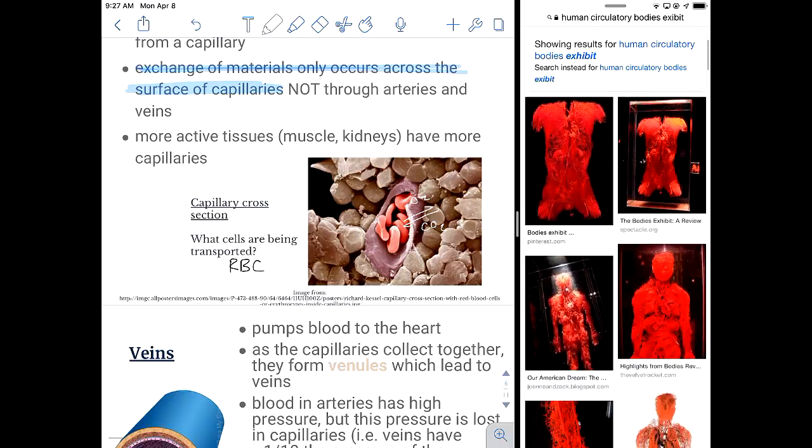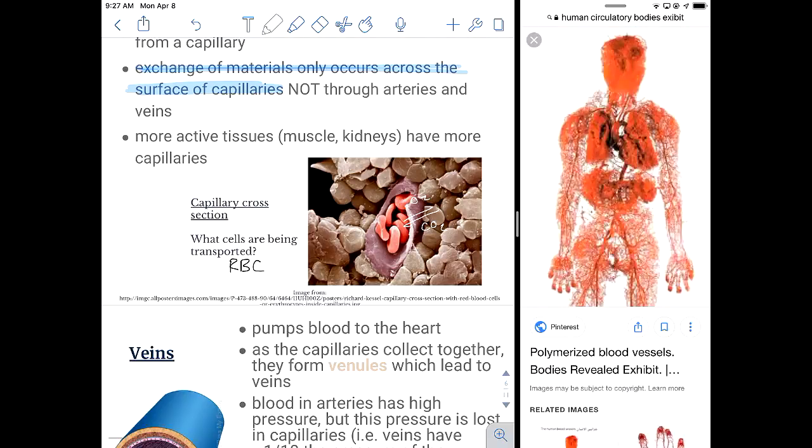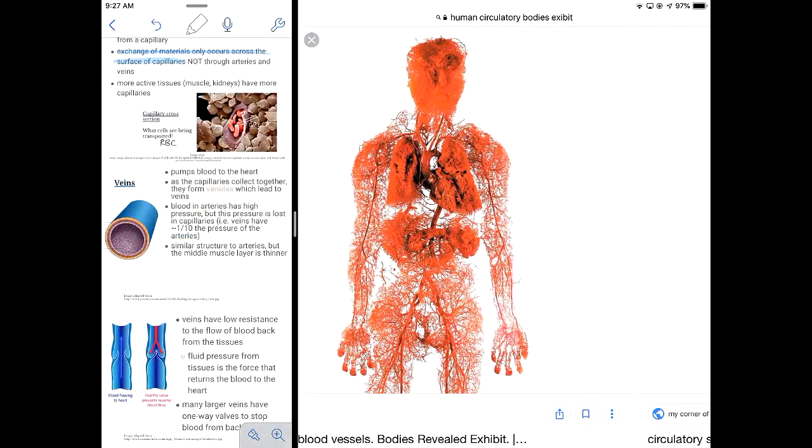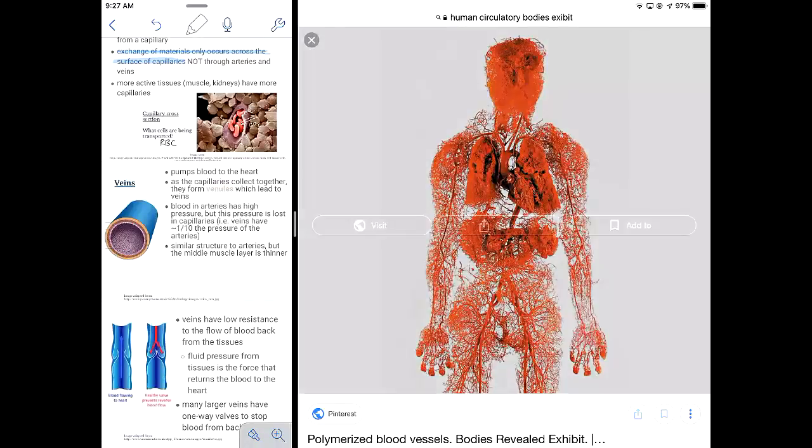So in the Bodies exhibit, they use a polymer, and they inject the polymer into the heart and through the circulatory system, and this polymer solidifies. If you then take away all of the human body aspect, or all the other tissues, you dissolve them essentially, you're left with this.